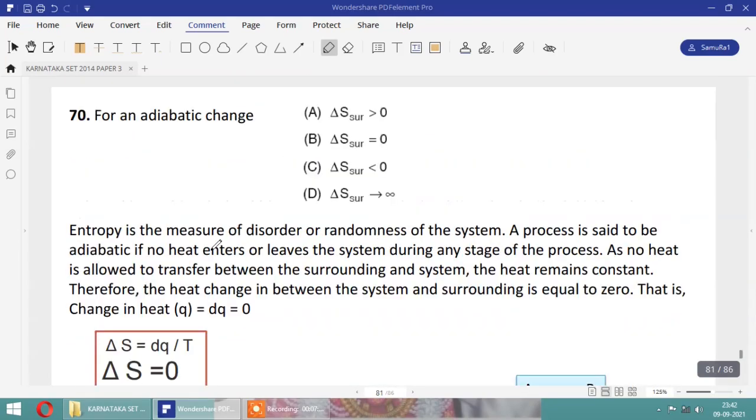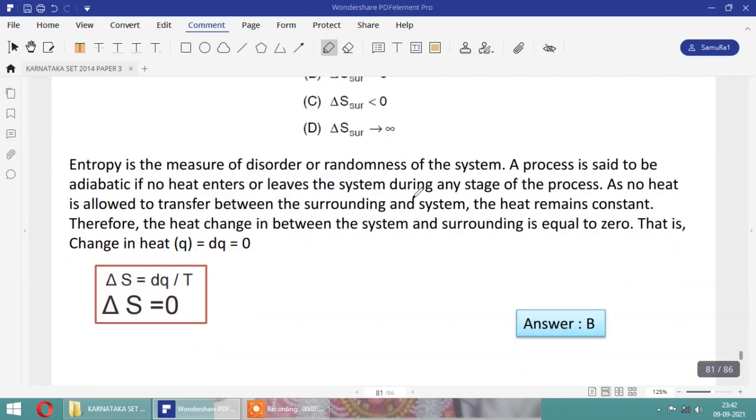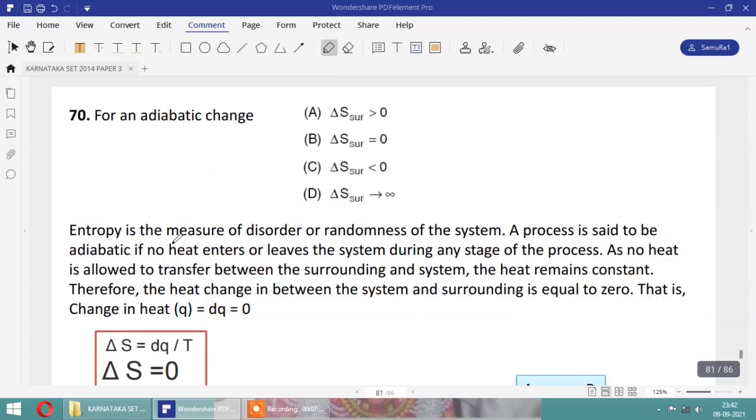For an adiabatic change, delta S surrounding greater than 0, delta S surrounding equal to 0, delta S surrounding less than 0, delta S entropy of the surrounding leads to infinity. So which was the correct answer? Here you all know that entropy is the measure of disorder or randomness of a system.